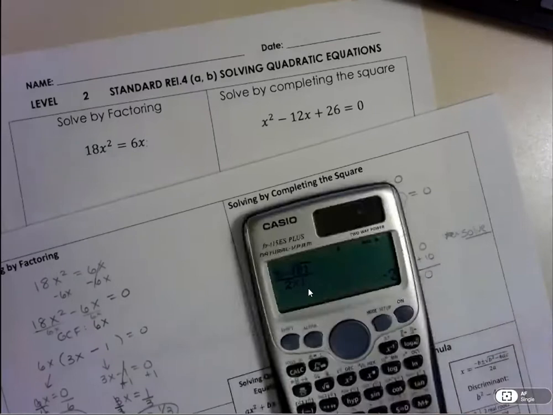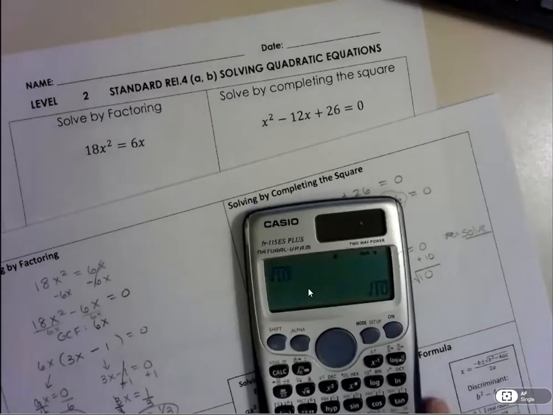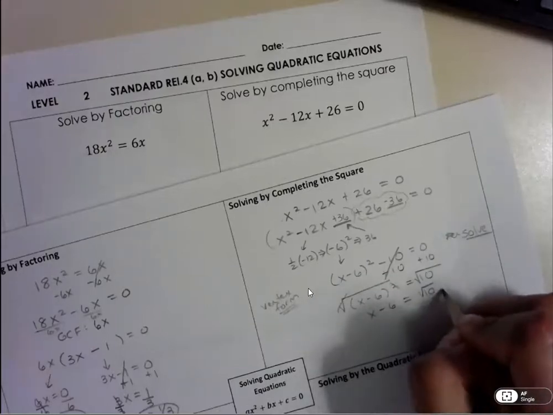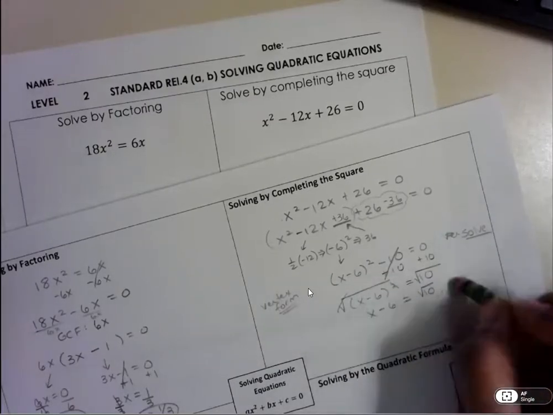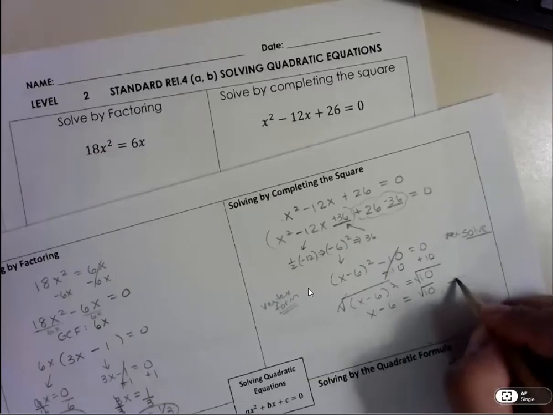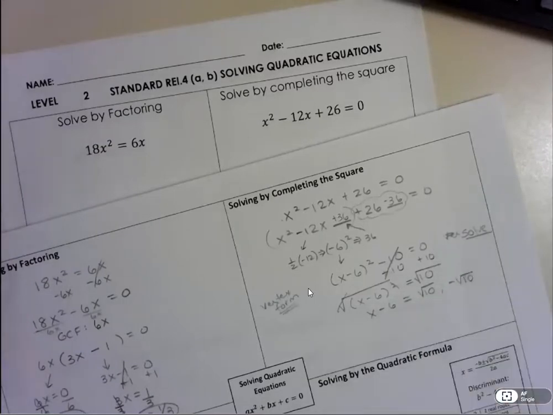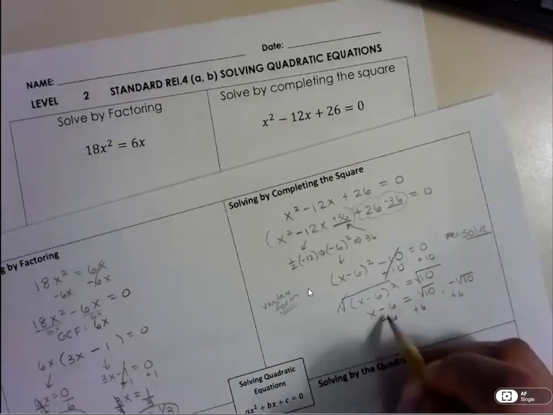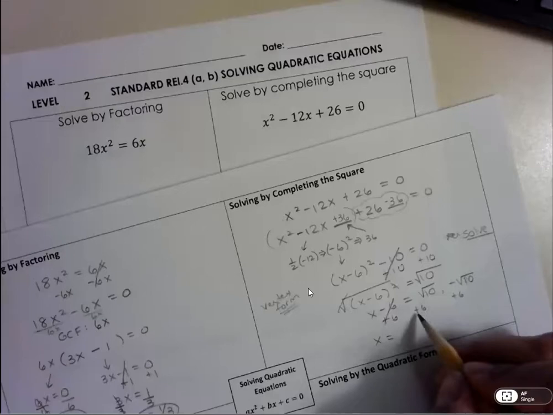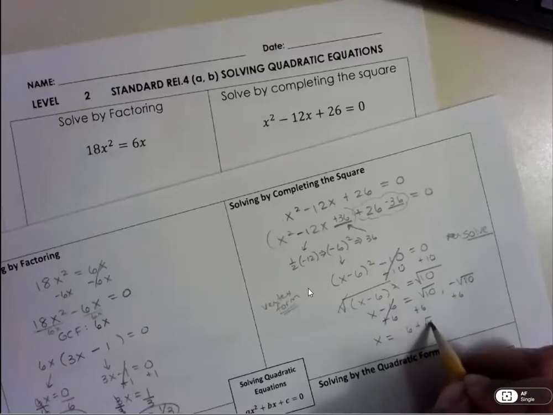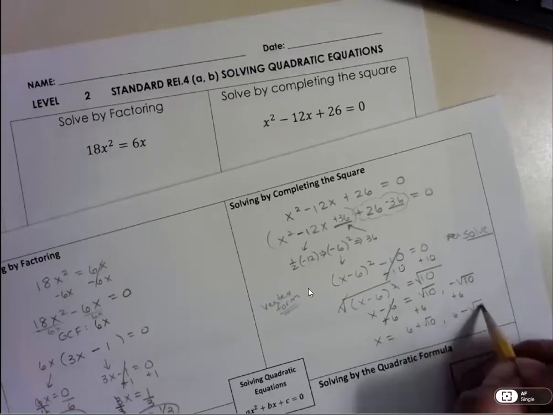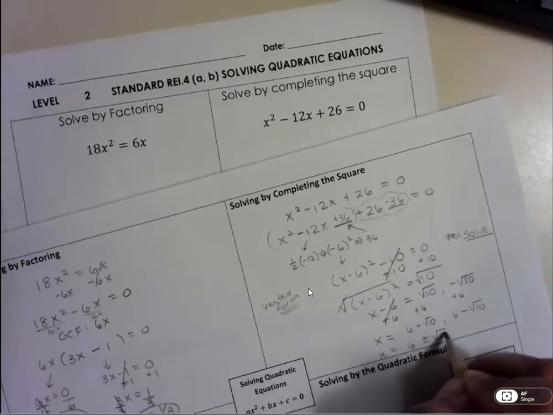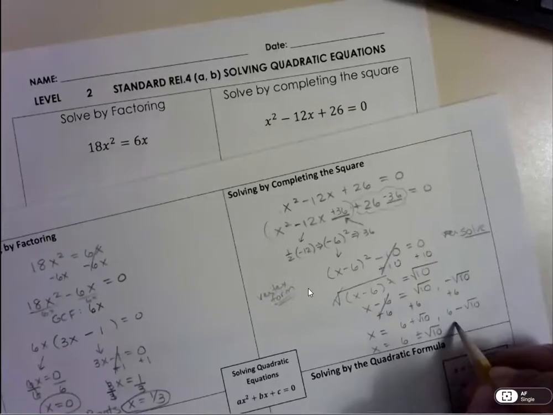Square root of 10, positive and negative. And we're going to add 6. 6 plus radical 10 and 6 minus radical 10. Those are your answers. And you might have written it like this, 6 plus or minus the square root of 10. They're both correct. Anyways, these are your roots.